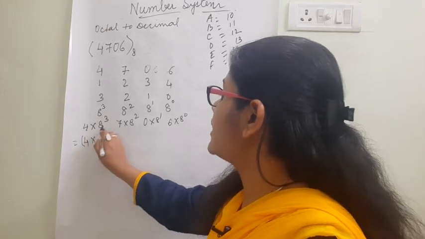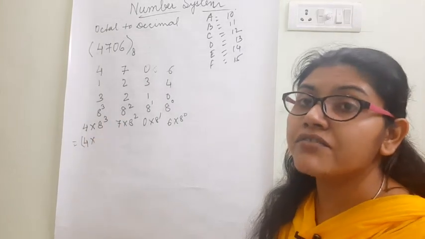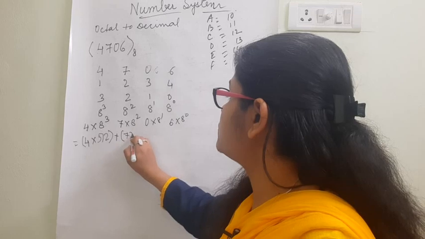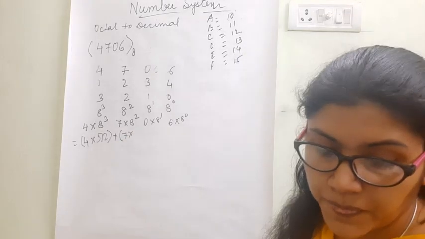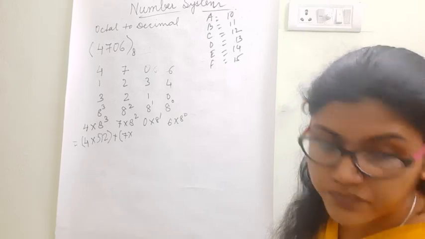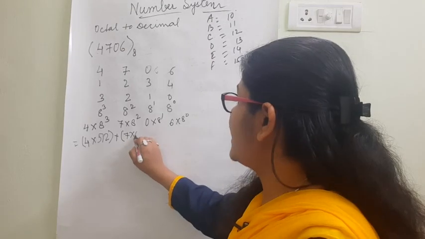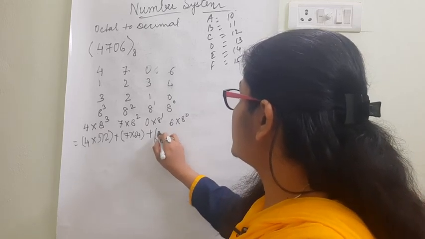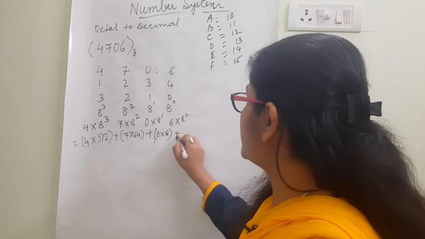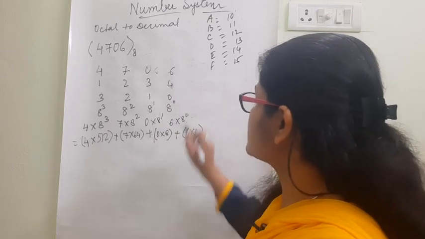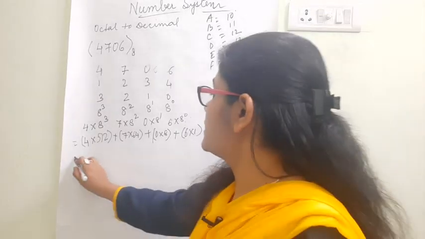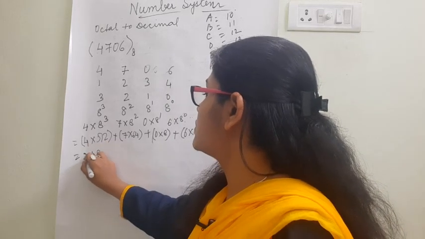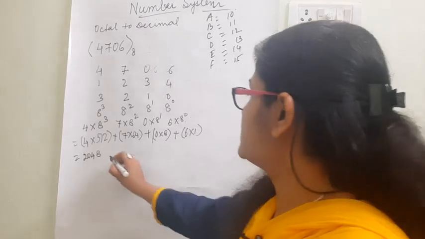Now, 4 into 8 to the power 3: the value of 8 to the power 3 is 512. So we will write 512, plus 7 into 8 to the power 2, value is 64, plus 0 into 8 to the power 1 is 8, plus 6 into 1, 8 to the power 0, value is 1. Now calculate this.